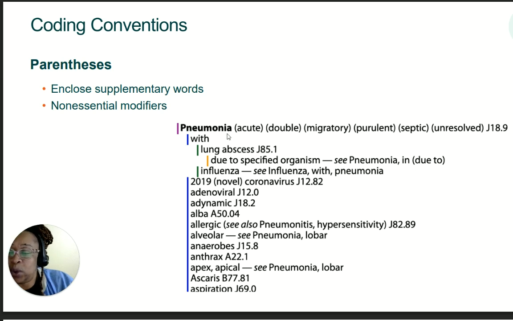But when you have pneumonia with lung abscess due to specific organisms, flu, 2019, this is the coronavirus code, and so forth. So you always want to make sure you're reviewing your main term and also the subterm of what you're looking for, to make sure that you are coding to full accuracy when you're looking for these codes.